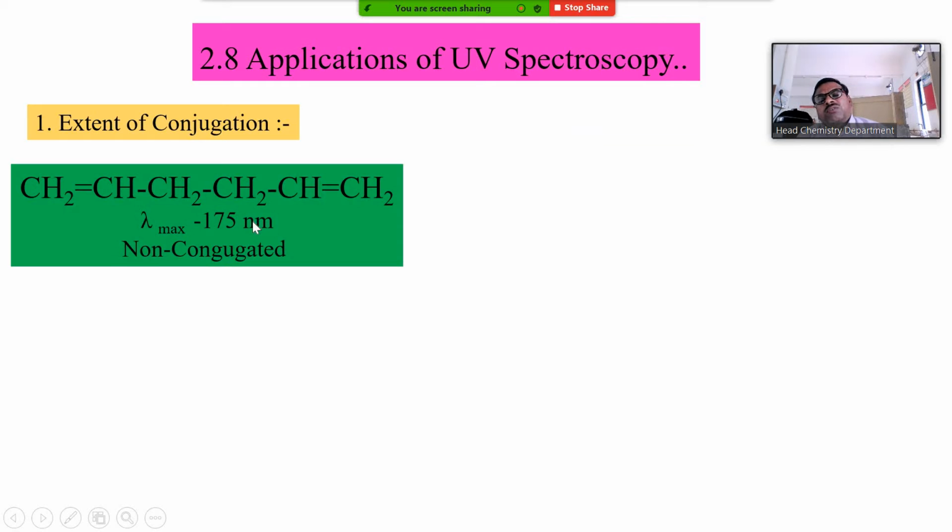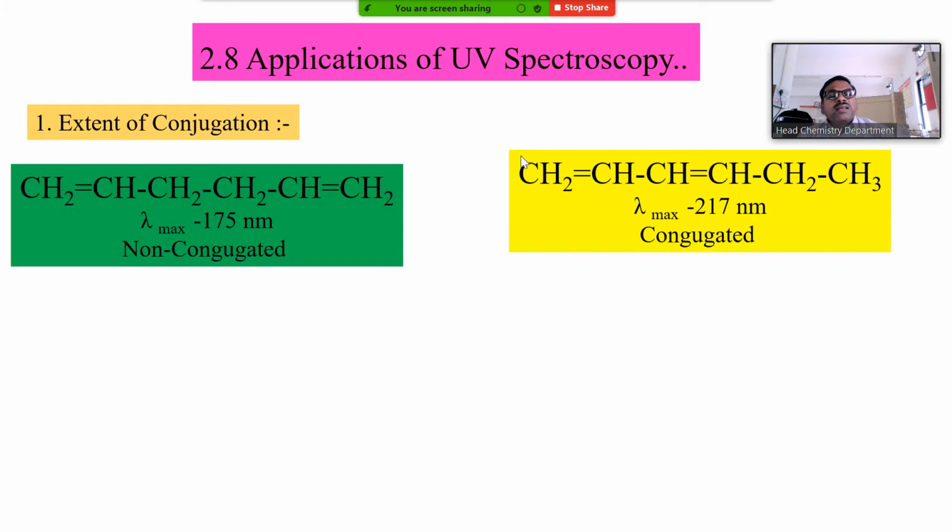And in this non-conjugated system, when we calculate the lambda max of such a compound, it comes near about 175 nanometer. But when we take another example containing the same six carbon atoms, with two double bonds in alternate fashion. What do you mean by alternate fashion or conjugated fashion? Just count the bonds like this: double bond, single bond, double bond.